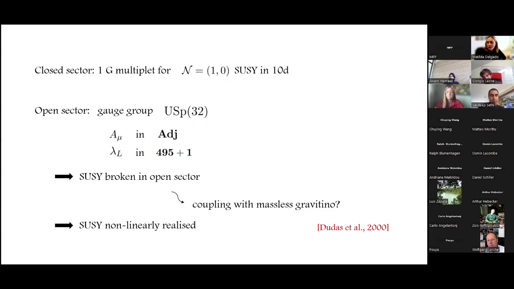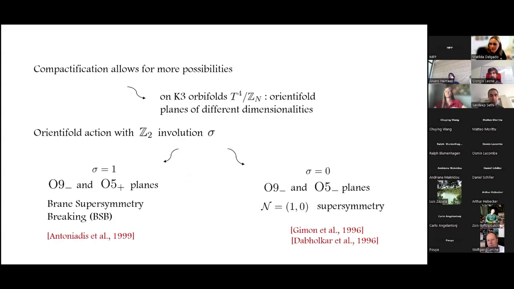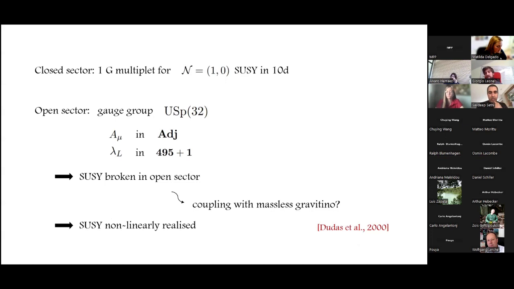Maybe one last quick question. Hi, I just wanted to add something to the previous question. The story about the super Higgsing in these settings where SUSY is broken at the string scale cannot be captured by an effective field theory description.